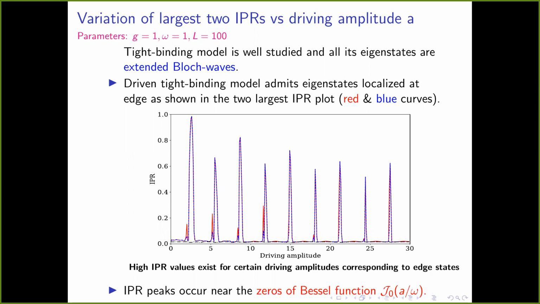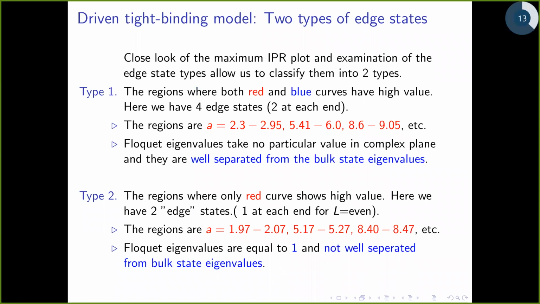Now a closer look at this maximum IPR plot allows us to classify the states which give high IPR into 2 types. So there is type 1 where there are 2 high IPRs. Both red and blue curves have high values, and here we have 4 edge states, 2 at each end of the system, and the regions of A I have mentioned here.